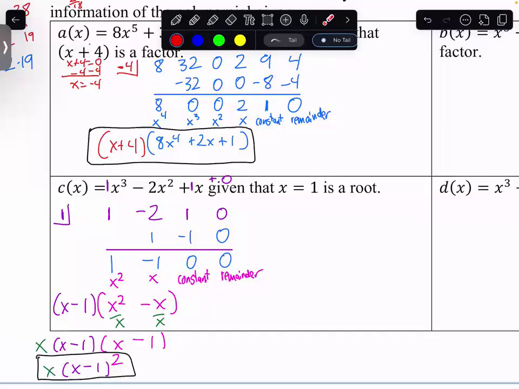Okay, so this one you are off to a great start, but can either of these be further factored? So not this one, because this one's already x to the first power, but this can be factored further. So you've got to think back to your strategies. And this one right here, this is very good.